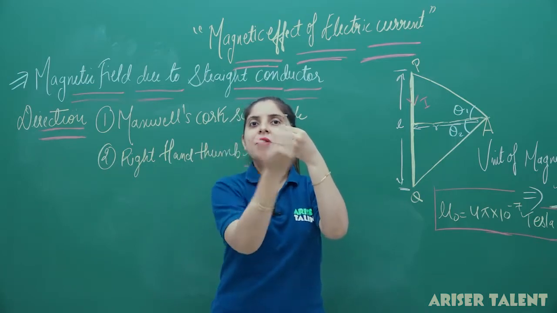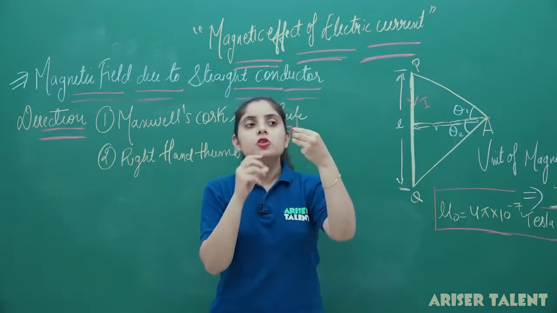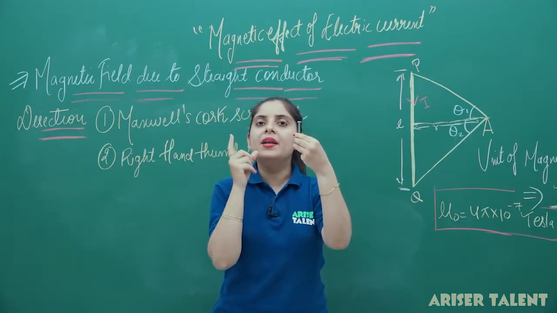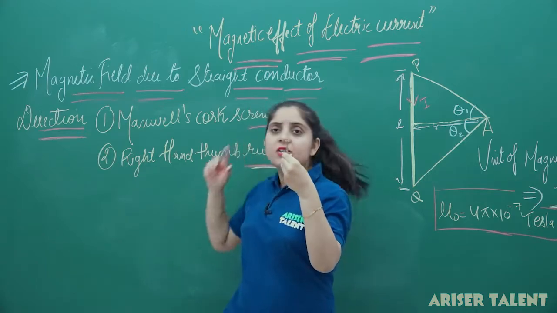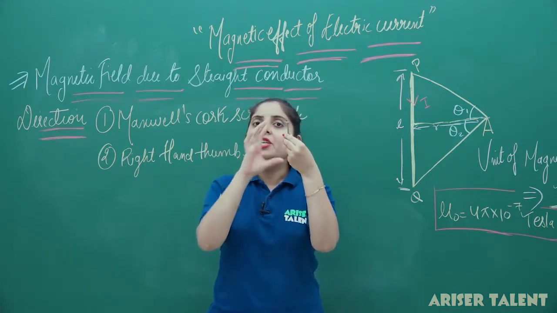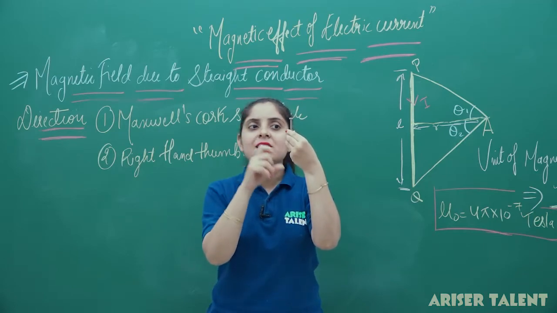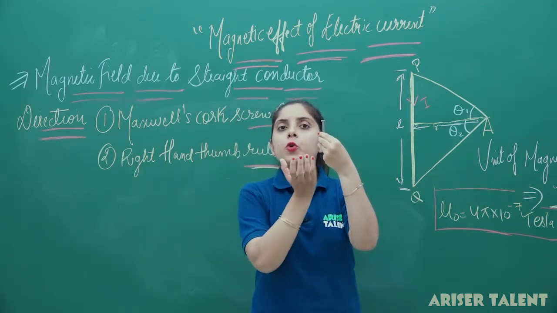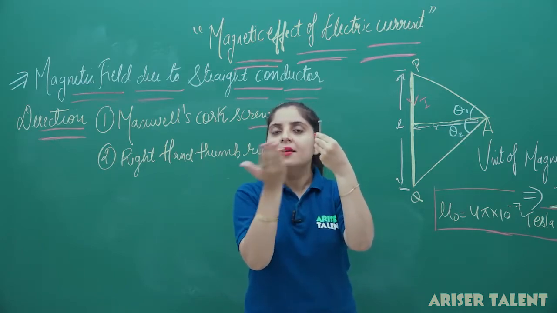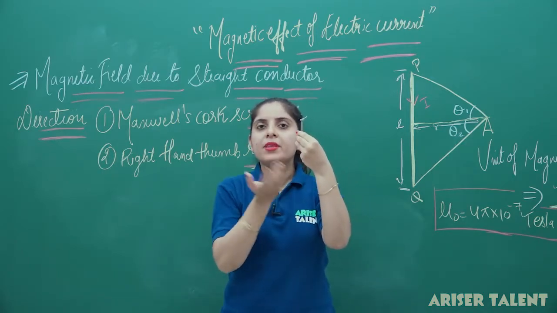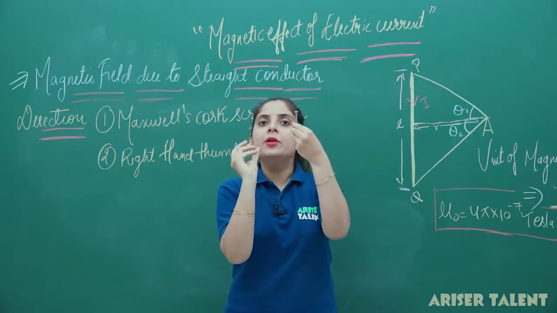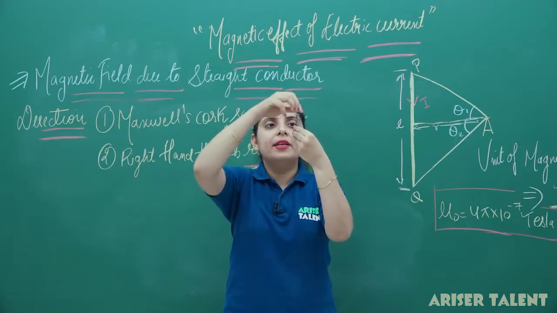It means the current will always be in the forward direction. The direction in which the screw is turned is the direction of the magnetic field. So you coincide this screw with the direction of the current, and if you start rotating it, the rotation will give you the direction of the magnetic field.